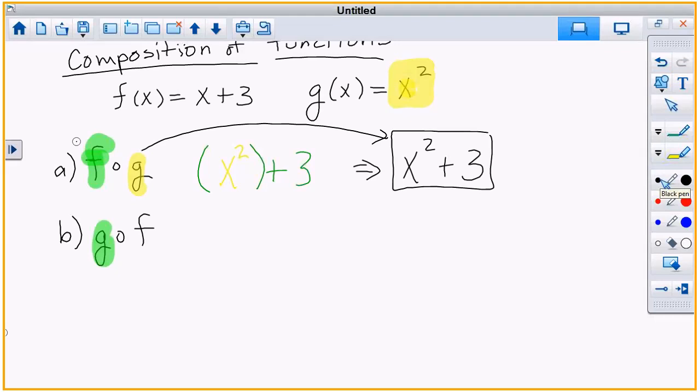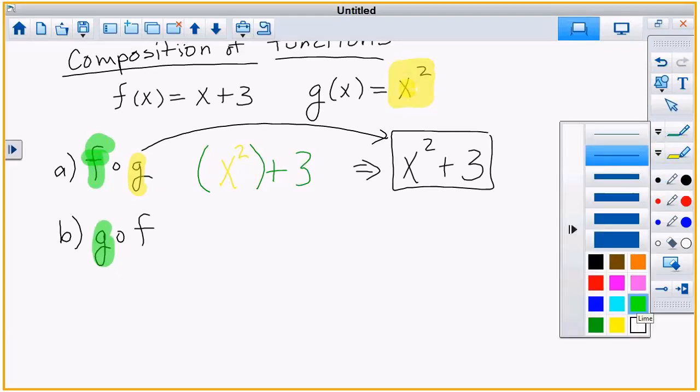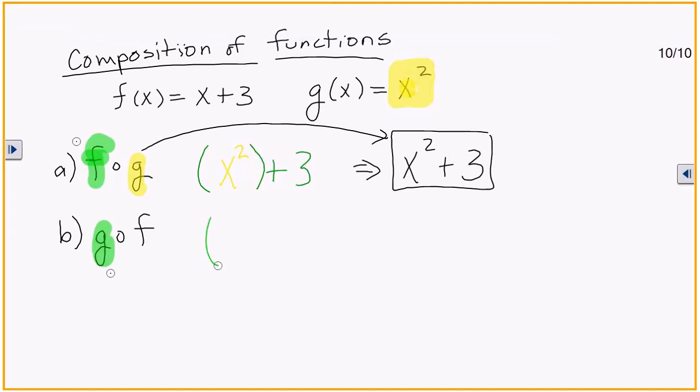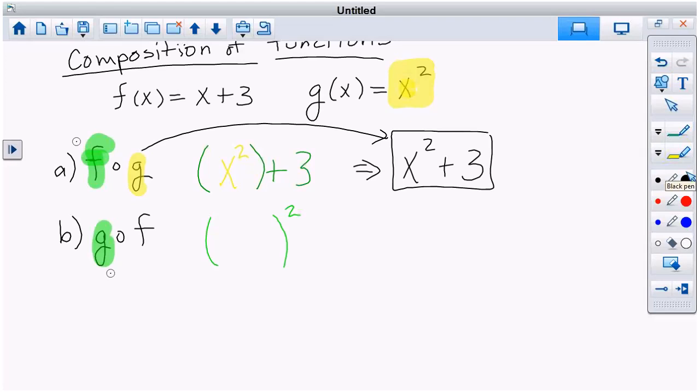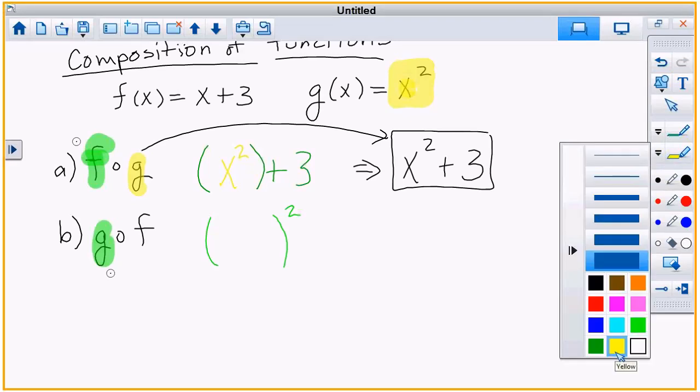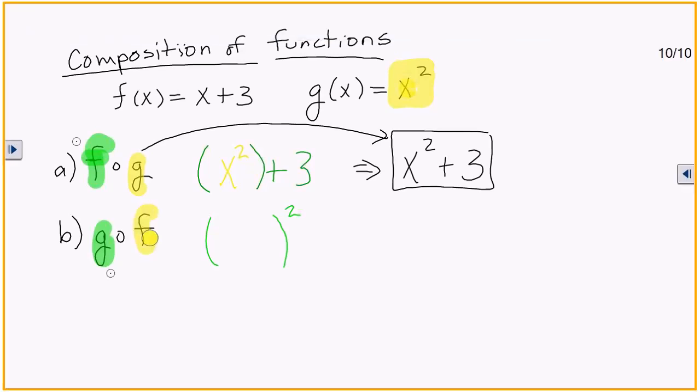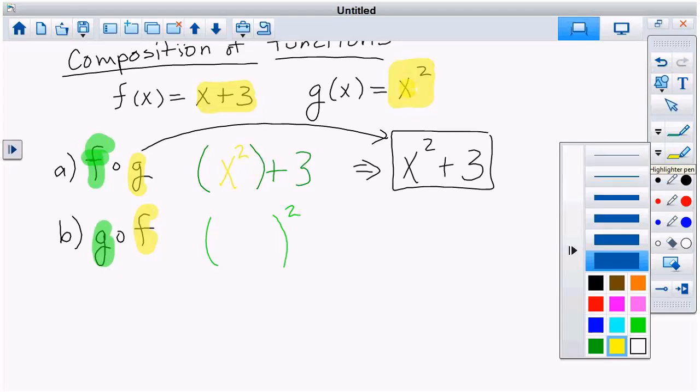Use my green marker. Parentheses squared. And now I'm going to highlight F with the yellow marker, and I'm going to plug in x plus 3 in yellow.